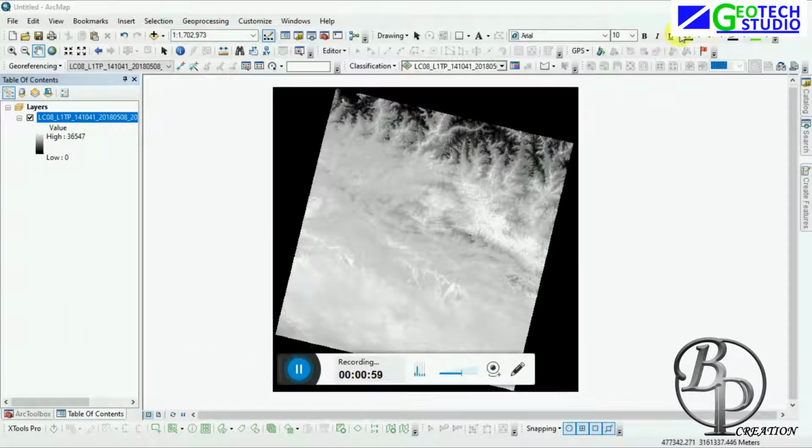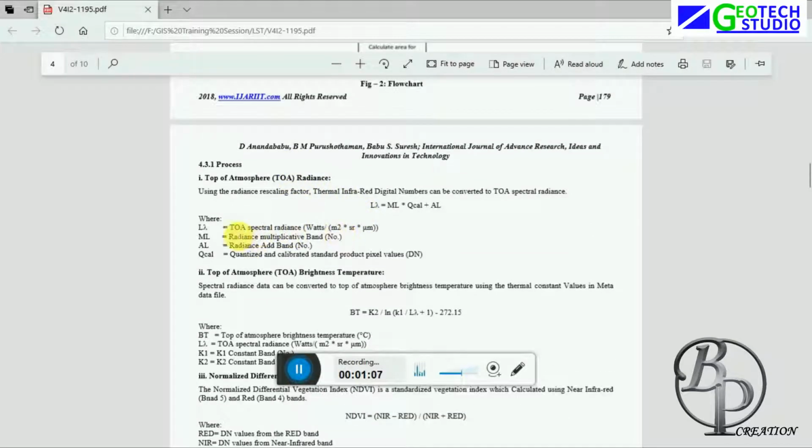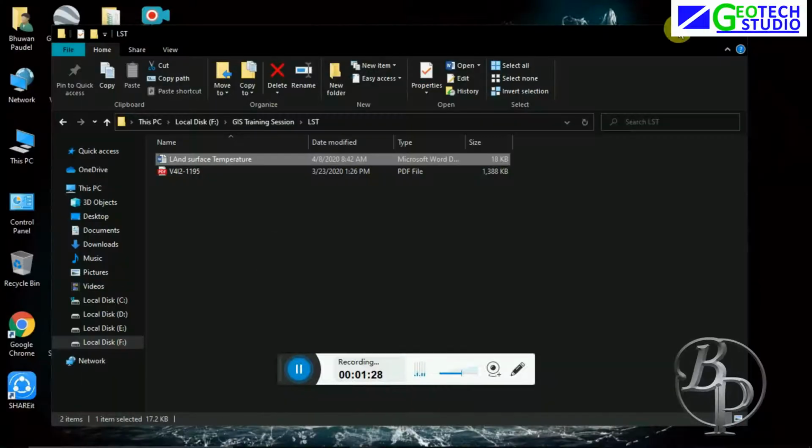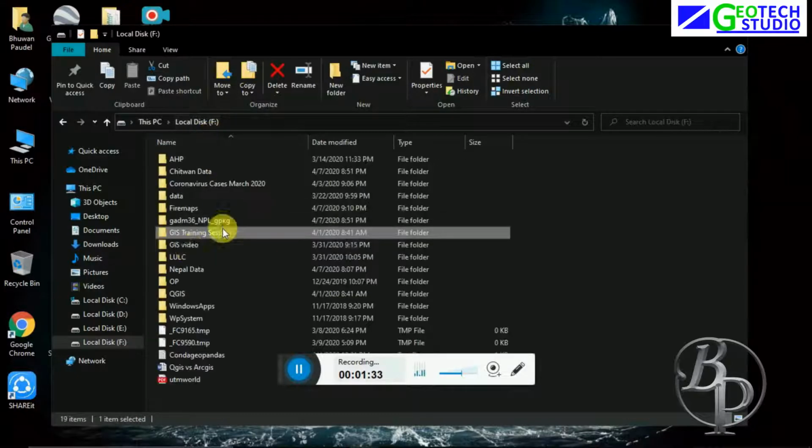After this we have to calculate the TOA radiance, that is L lambda, and we have to know the constant values ML and AL that we use in the raster calculator, where QCal means our thermal band. For that we have to see the metadata that we downloaded along with Landsat.